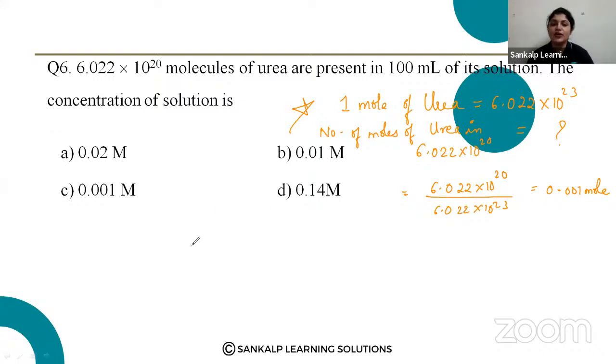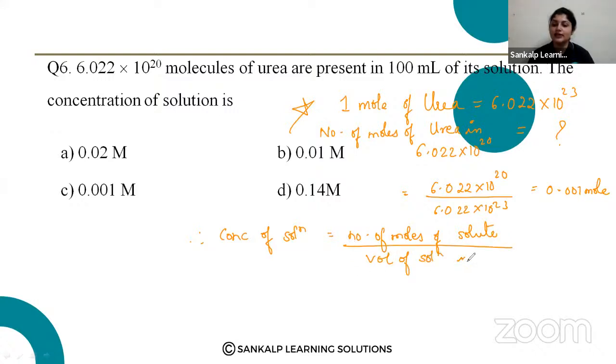Next step is, after finding the number of moles, you have to find the concentration of the solution. Concentration of solution is the number of moles of solute divided by the volume of solution in liters, right?